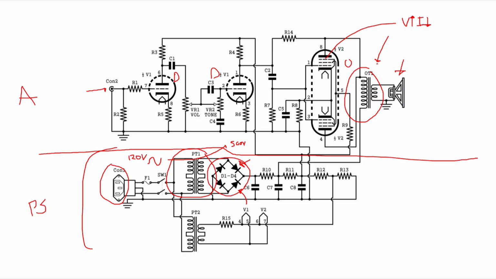And what this output transformer is going to do, these voltages here are way too high for a loudspeaker. We're still in the hundreds of volts here. So what this transformer is going to do is, through a turns ratio, step this voltage down and take this low current and increase it proportionally.